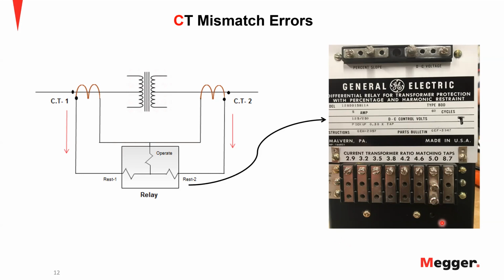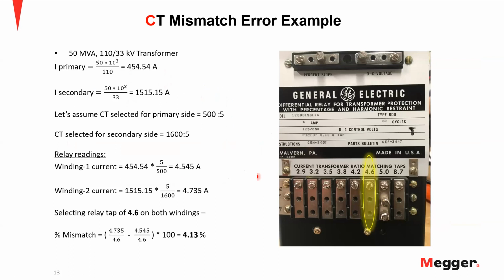With that given, let us look into an example calculation. I have a 50 MVA transformer, 110 kV on the primary and 33 kV on the secondary. When we calculate the primary and secondary currents for the nominal load, we get 454 amps and 1515 amps. Based on these numbers, we assume we select a 500 to 5 CT on the primary and a 1600 to 5 CT on the secondary.